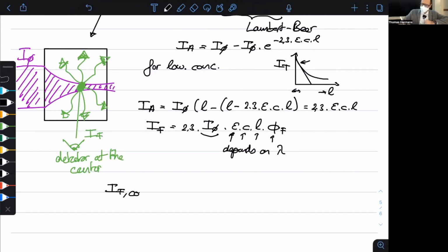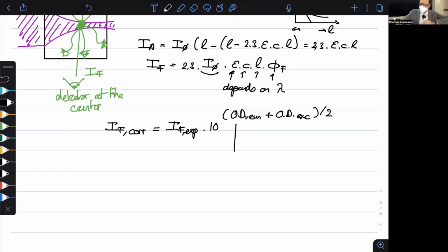We'll call it IF correction is IF, let's say experimental, that's what you measure experimentally, times 10 to the power of (OD emission plus OD excitation) divided by 2. So what is this OD? I mentioned it in a previous class. It's optical density.